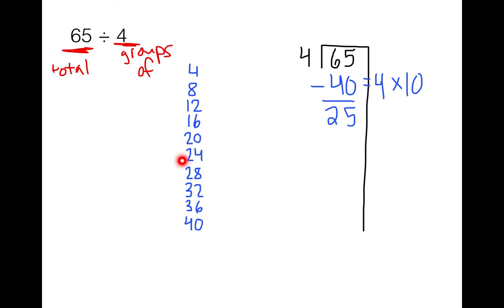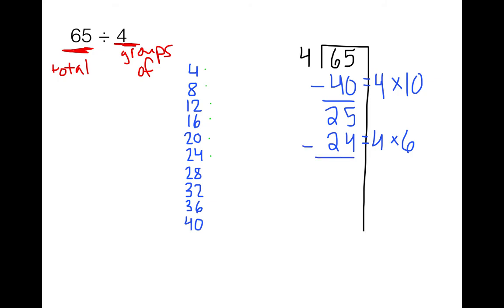So we're going to use 24. And 24 is how many groups of 4? Well, when I look at my list, I can just count down. 1, 2, 3, 4, 5, 6. So it's 6 groups of 4.